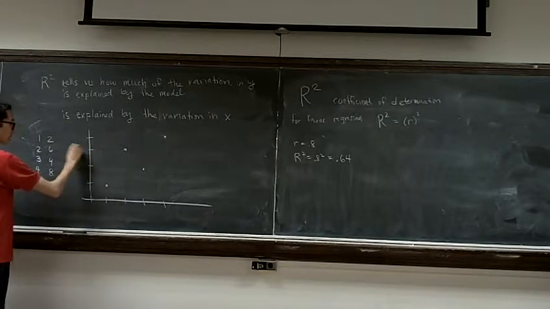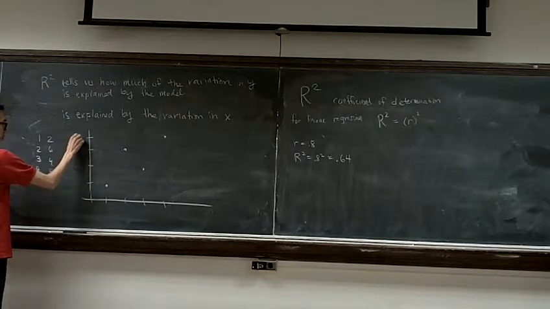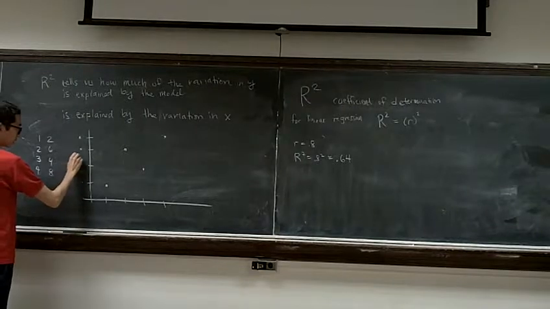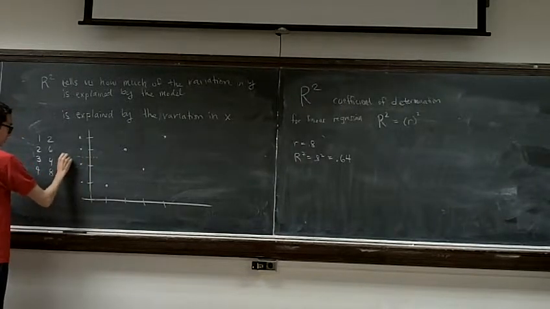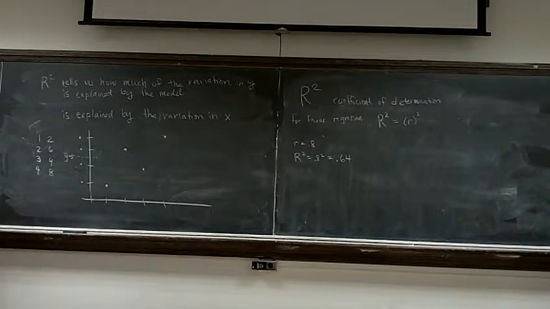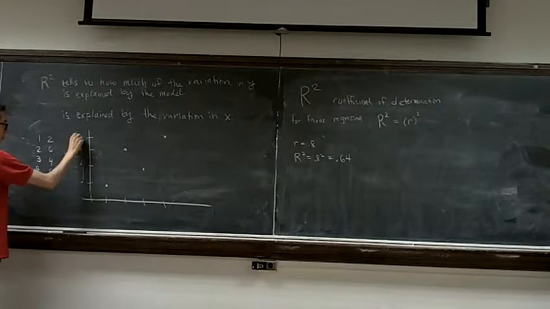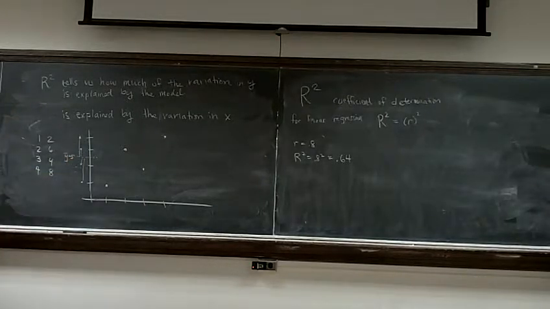All of our data points in y are 2, 4, 6, 8, and y bar is 5. The variation of y tells us basically the squared distance from the mean.